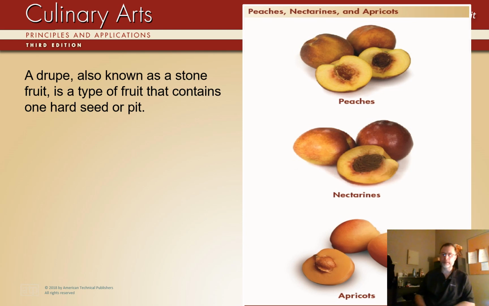There are some fruits that have multiple seeds, like a papaya, whereas apricots, nectarines, and peaches have one seed right in the middle. These pits or seeds have to be removed before the fruit is eaten, unless you're eating it whole, and then you just eat around it.